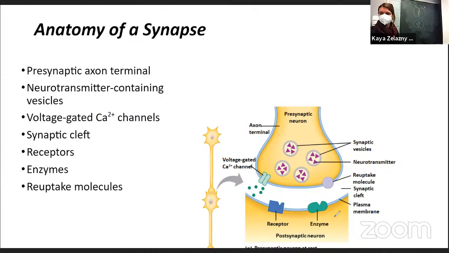Also on the postsynaptic neuron, we're going to have enzymes. Again, another membrane protein. These are often going to be involved with breaking down neurotransmitters. We actually have to clear neurotransmitters from the synaptic cleft. We don't want them hanging around forever. That's going to be the role of those enzymes. And the other thing we may see, back on the presynaptic neuron, is reuptake molecules.